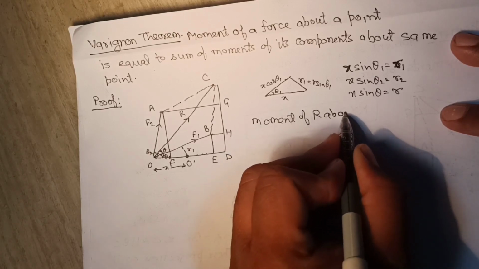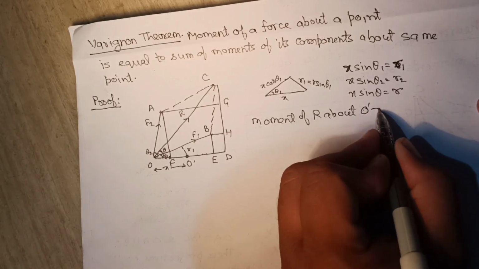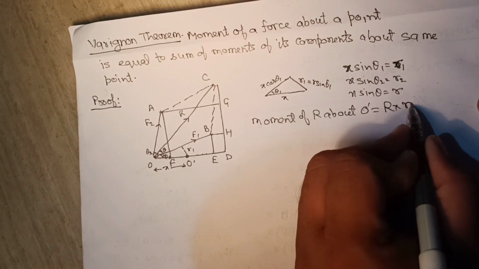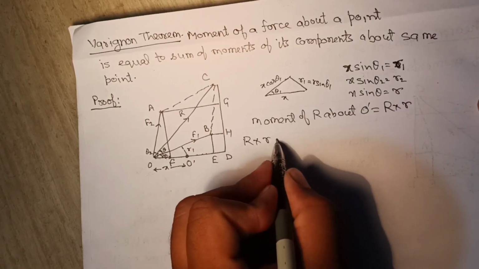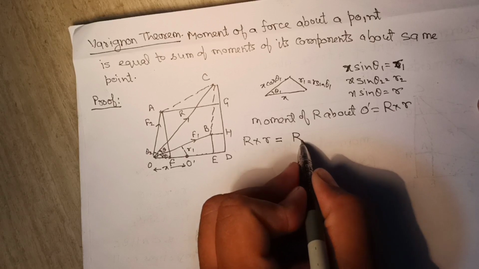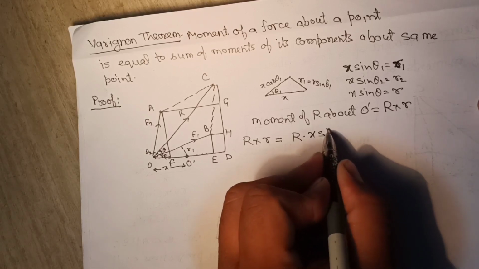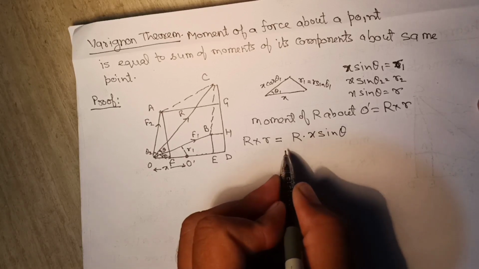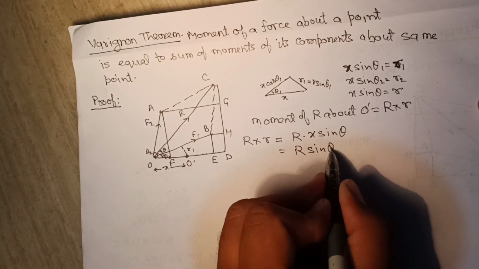Now, moment of capital R about O dash will be equal to capital R into small r. This small r can be written as x sin theta. So we can write capital R into small r equal to R into x sin theta. Now we can rearrange this equation.